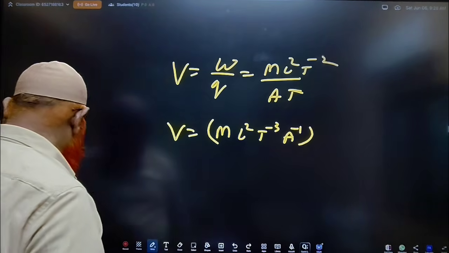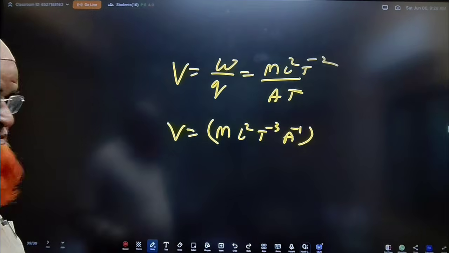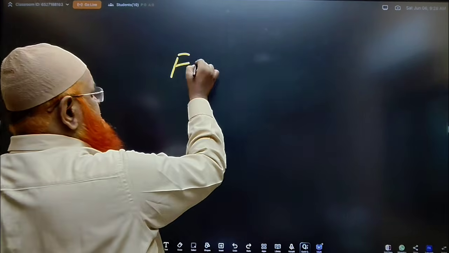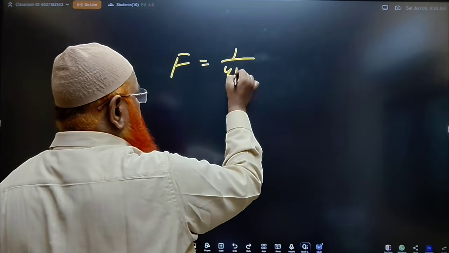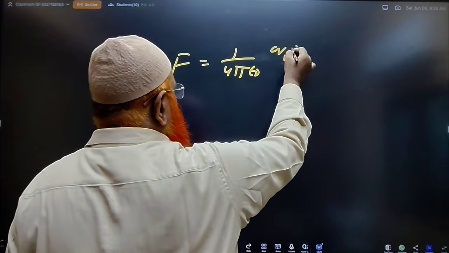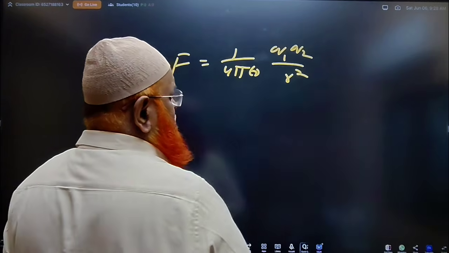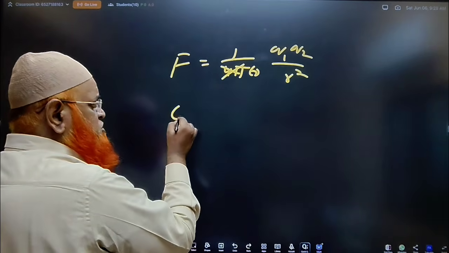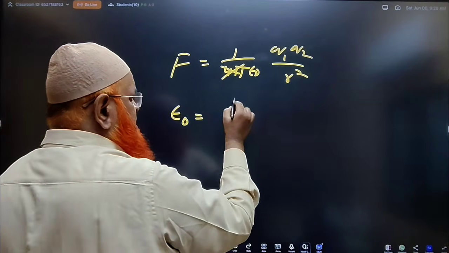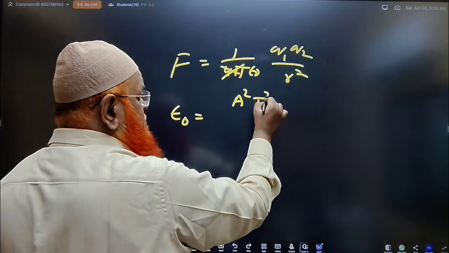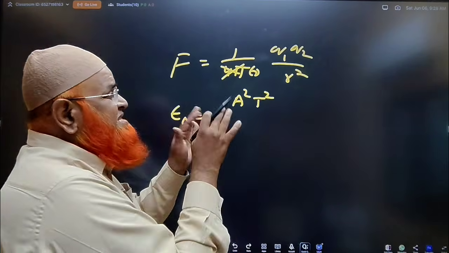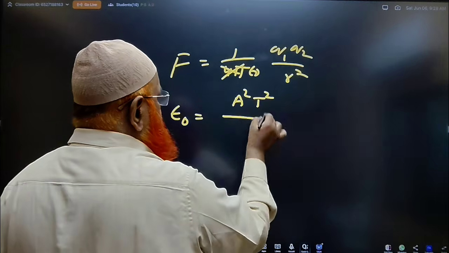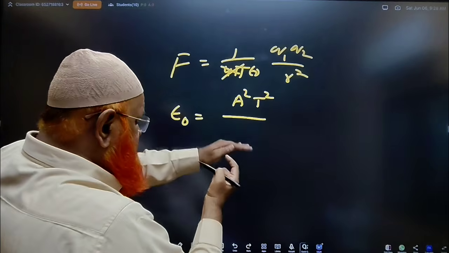That's it. Permittivity of free space. So F is equal to 1 by 4 pi epsilon naught Q1 Q2 by R square is the formula. For 4 pi there is no dimension. Epsilon comes to numerator. Q1 Q2 is A square T square. Q means IT, I means A into T, double times A into T means A square T square. So epsilon naught goes to numerator, force comes down.